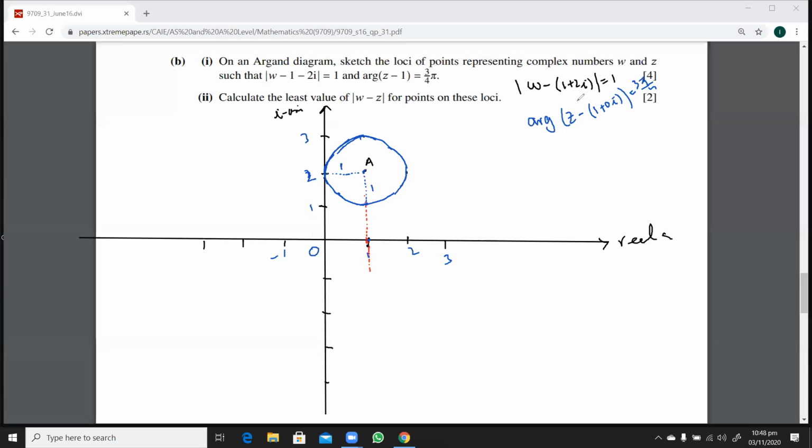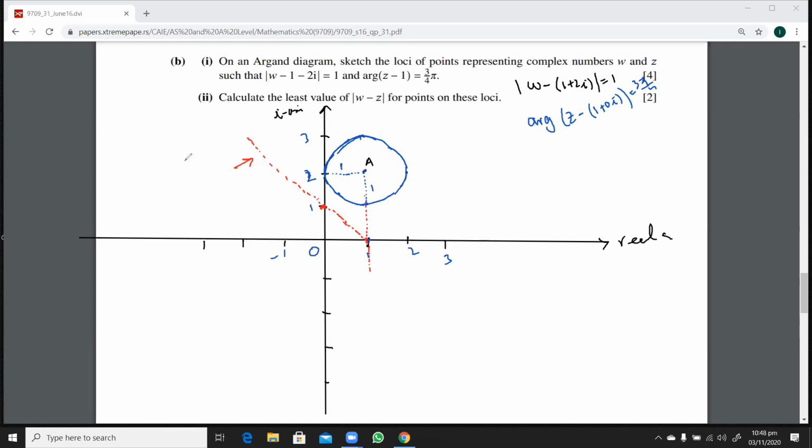Now, you have to show the argument of 3 pi by 4. You must be very clever here to draw it like this without using set squares or a compass. You have to show this locus passing through this point 1. Will someone tell me why I need to show this locus of z?